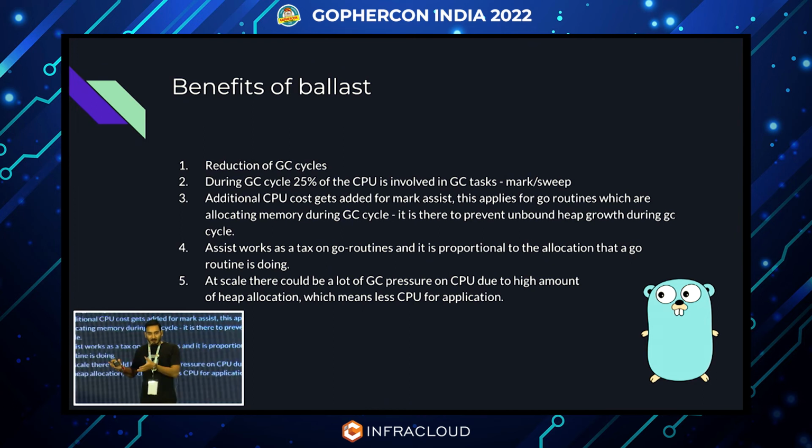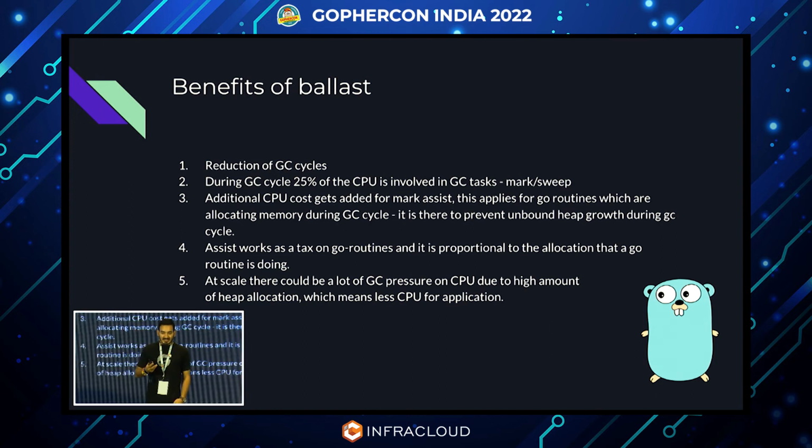So why does Go do that? It tries to control the heap growth while the GC is in place. That's why GC assist is there. So the Ballast benefit is, first, the reduction of GC cycles: the 25% of the CPU that was going there is now available to the application.